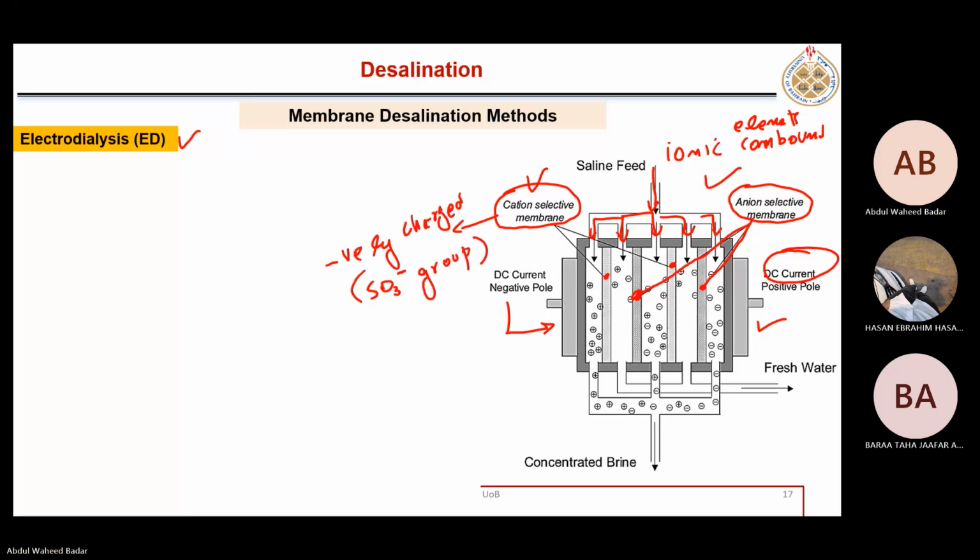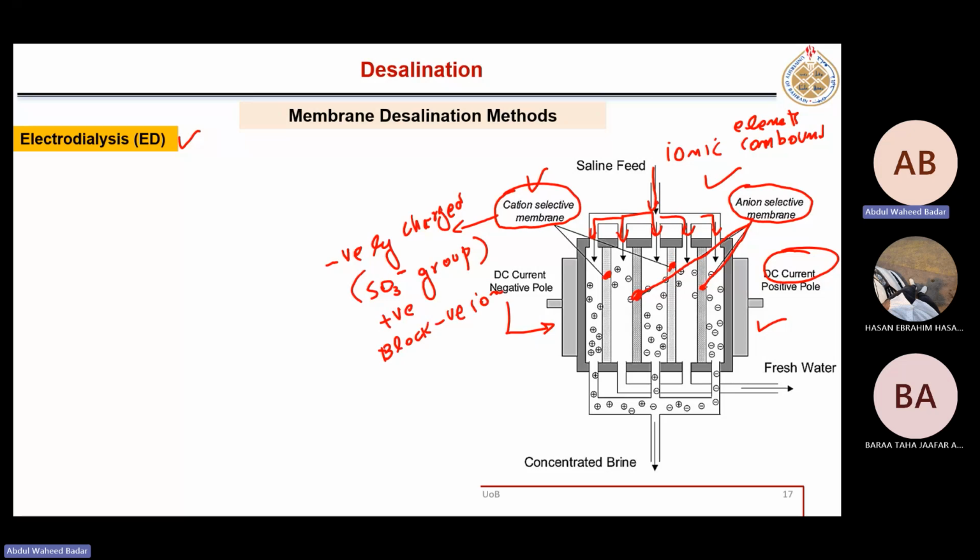What they will do is allow only the positive ions to go through, and they will block the negative ions from passing through these two cation membranes.